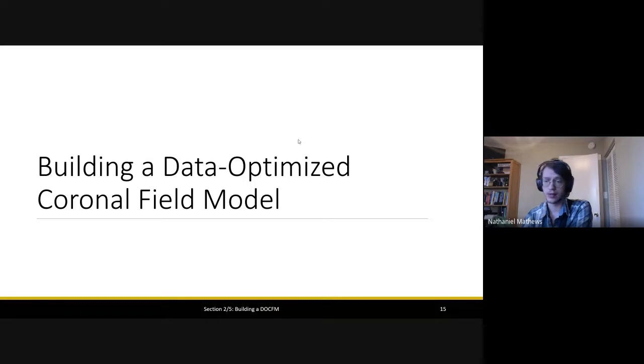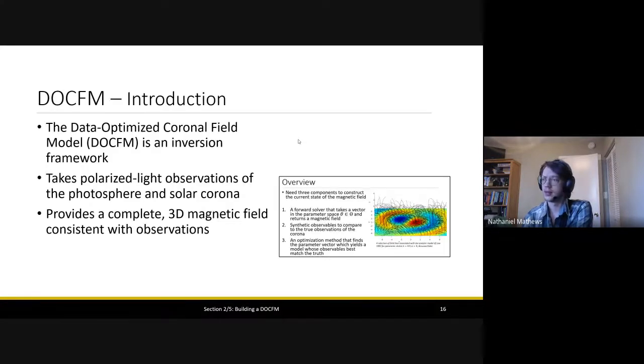So we're going to start by building the whole thing in a simple way. Remember, I said that there are three things we need: a forward model that takes parameters and gives a self-consistent magnetic field, the sort that the sun's active regions could have. We need something that can take a magnetic field like that and produce a synthetic observation, what we would see with something like the COMP telescope.